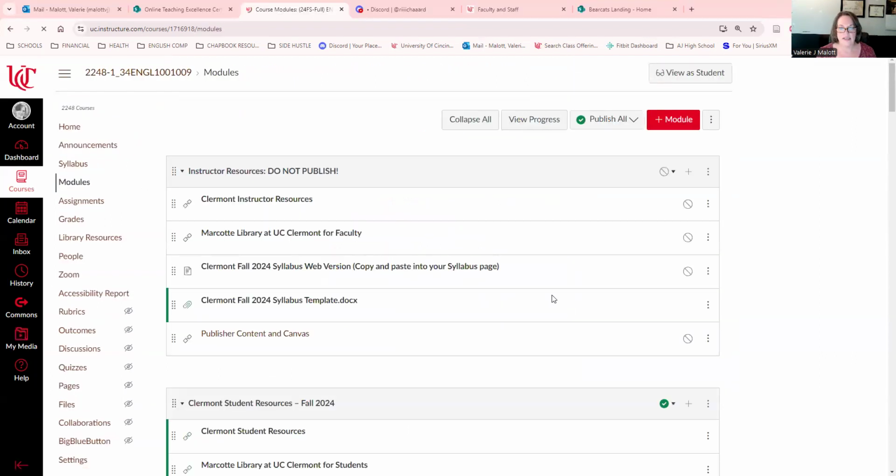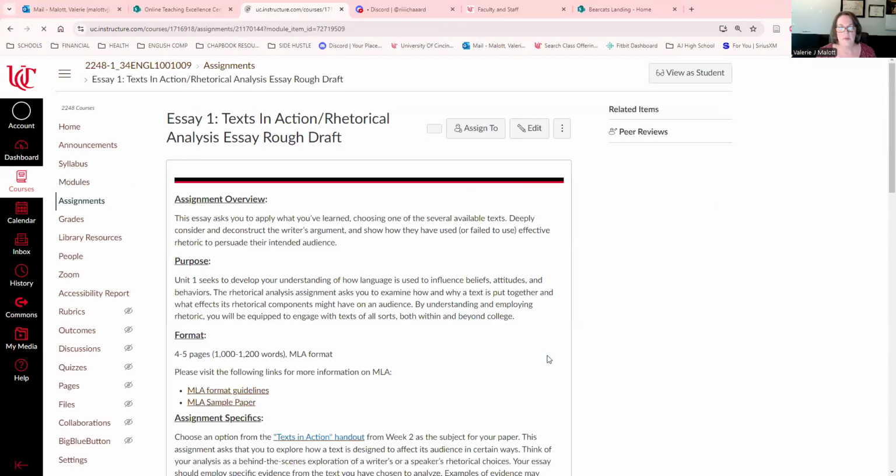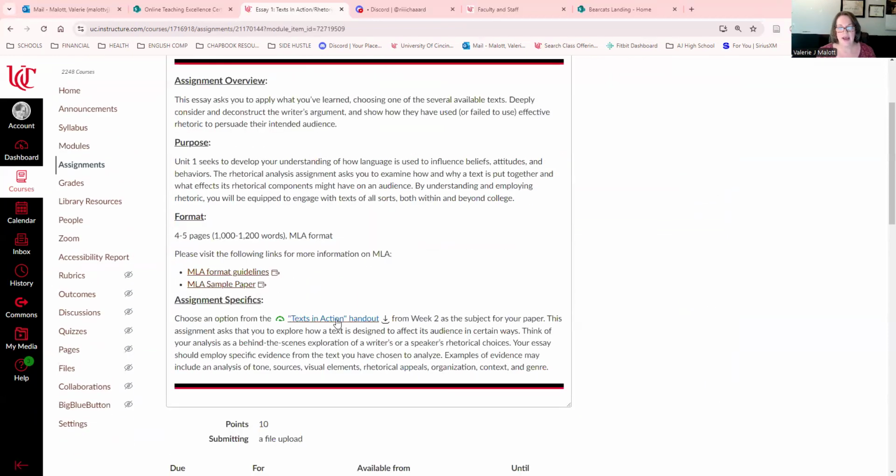And then on Sunday, what you have due is the text in action or rhetorical analysis essay rough draft. So there is that handout, the text in action handout, which has a whole list of options that you can choose from. What you need to do is figure out how language is used to influence beliefs, attitudes, and behaviors.